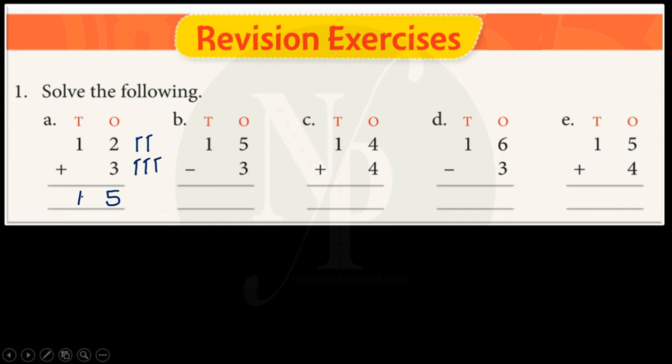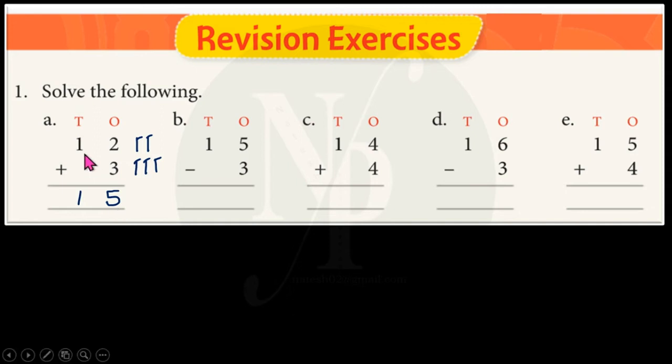Now in the answer, we have 1 ten and 5 ones. So 1 ten and 5 ones together is called the number 15.